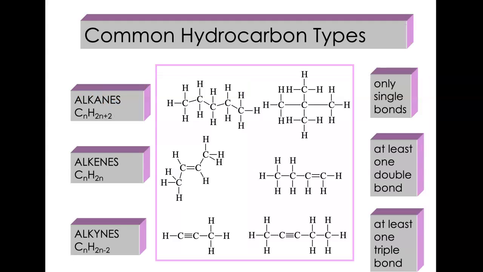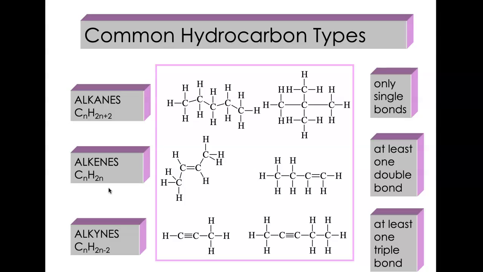And so as we look at these carbon chains, we can have 3 different kinds of carbon chains. We have alkanes, alkenes, and alkynes. In alkanes, all the carbons are bonded by single bonds. Of course, hydrogen can only have 1 bond. I often use my honk rule. Honk 1, 2, 3, 4. Every hydrogen has 1 bond.